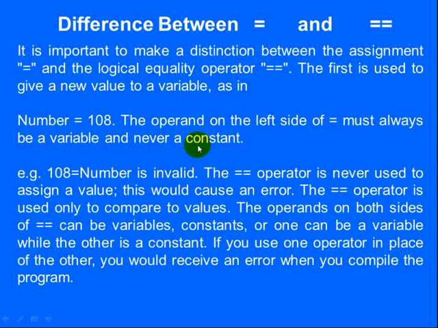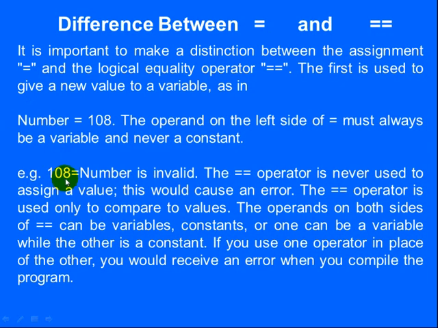In the previous video lessons we discussed variables, and here the main important point is that to the left side of the assignment operator there must be a variable. We cannot write 108 equal to number. Here to the left side of the equal to operator, that is the assignment operator, is 108, which is a constant.